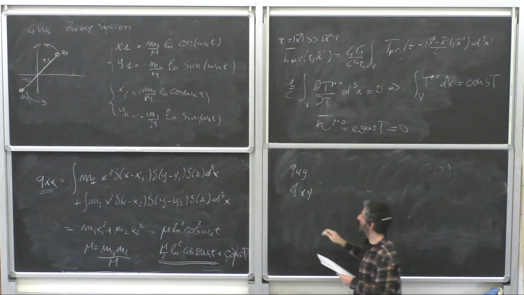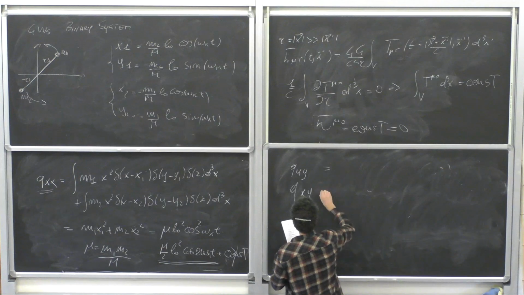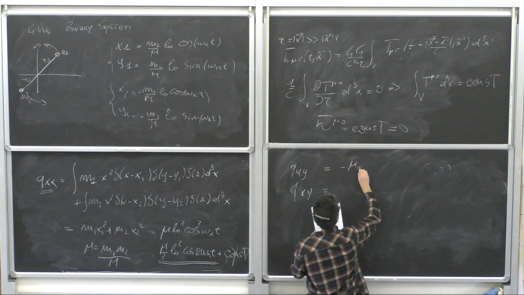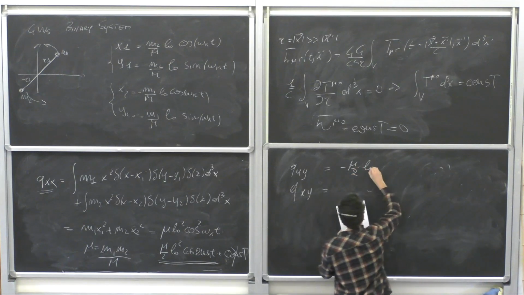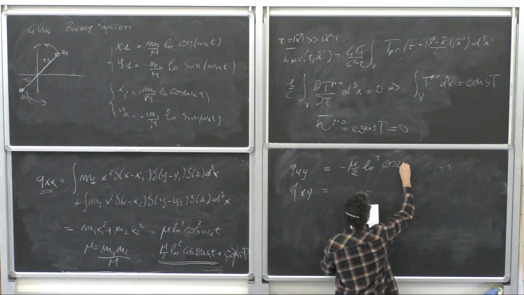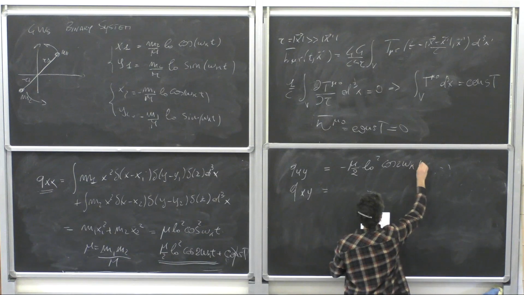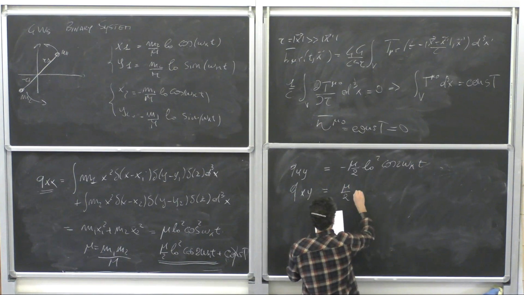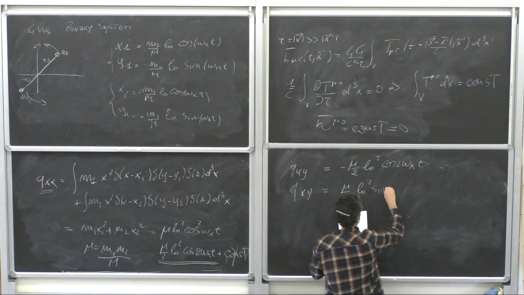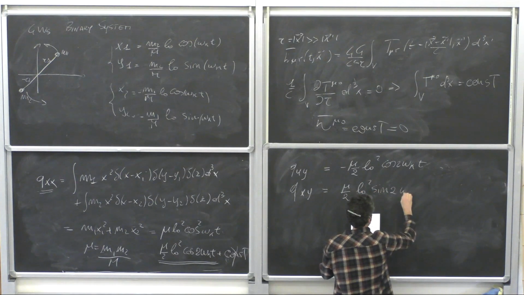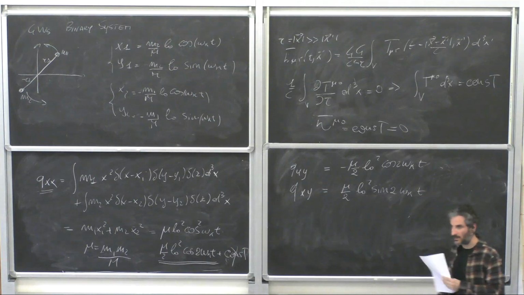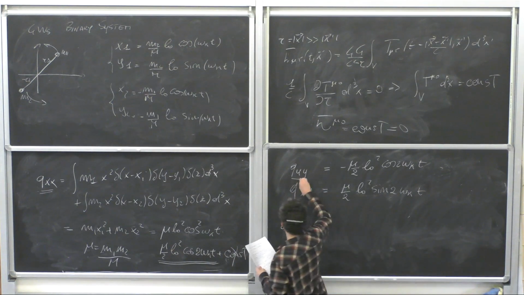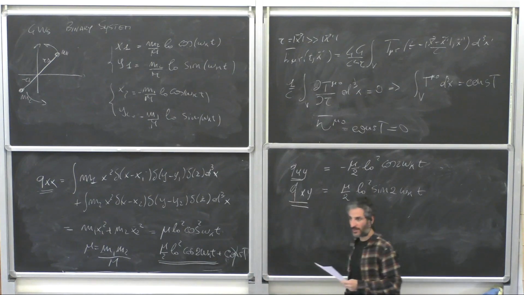All the other terms will vanish, and you can compute this by yourself. It's really just algebra, but you're going to find that I will always have this form. So the only non-vanishing components will be XX, YY, and XY.